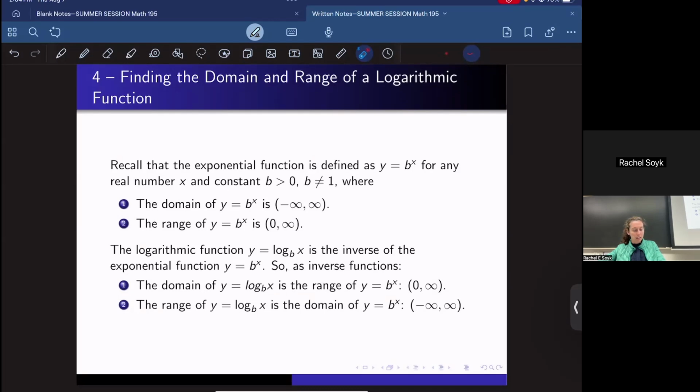And so down here is just recapping and reviewing what your range and domains would be for our general functions when we're dealing with exponentials, and then what our range and domain will be for general logarithmic functions, how the range and domain is flipped.